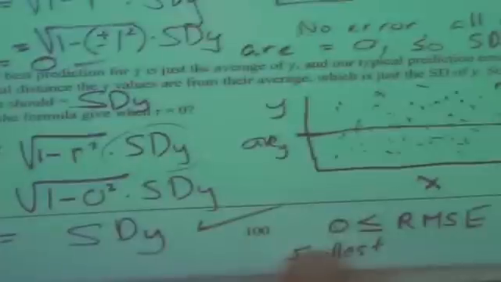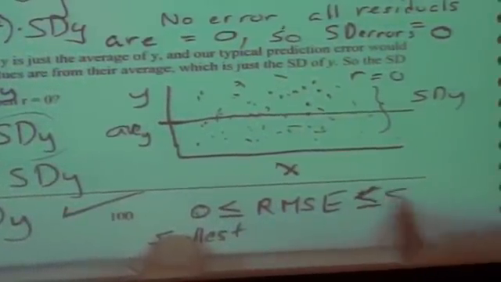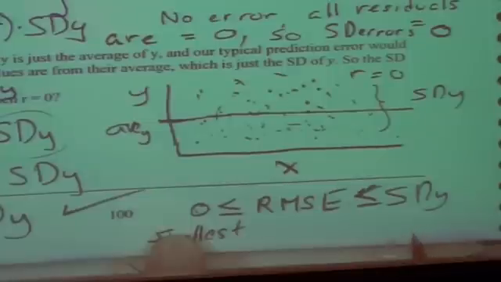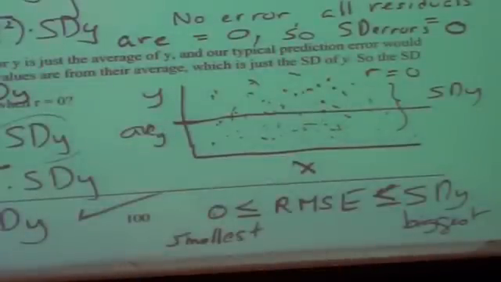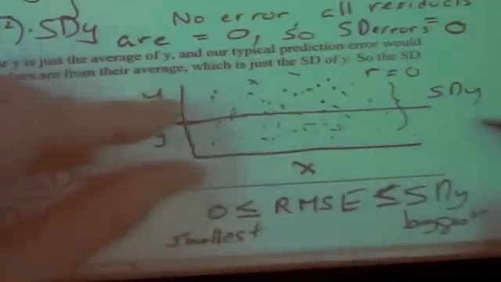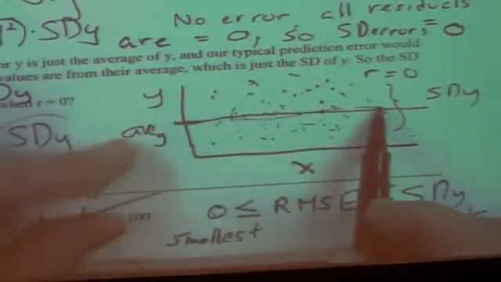It has to be wedged between 0 and the standard deviation of y. It can never be bigger than that. That's the biggest it can be when you have no correlation. You're going to have an error. If your standard deviation of y was nothing, was 0, then all the points would be on the line here. Or if you have a very small standard deviation, then you'd have small error.